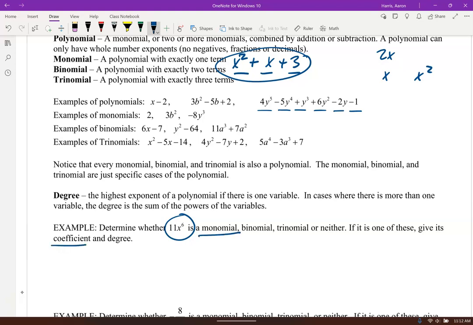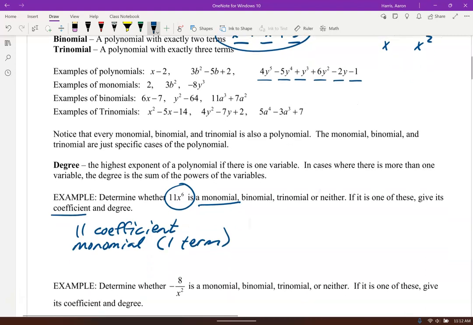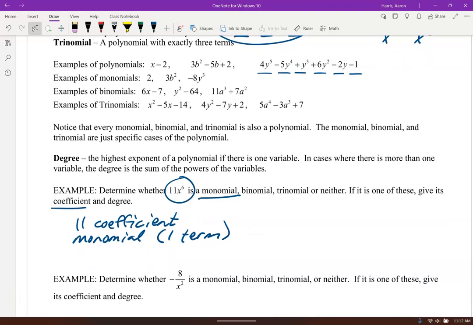And the coefficient is the 11, that's the number in front. 11 is the coefficient. It's a monomial, there's one term. And finally, the degree. It's 11x to the 6th power, so 6th degree polynomial.